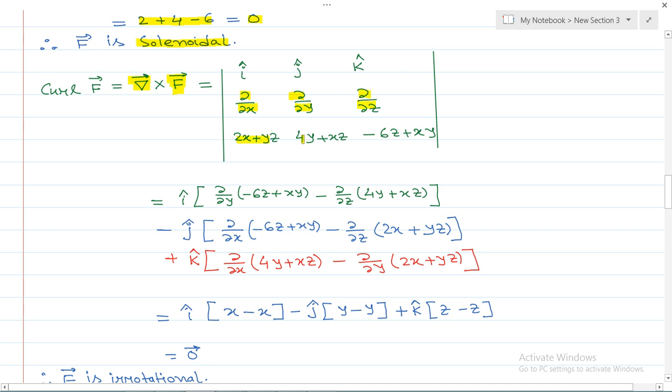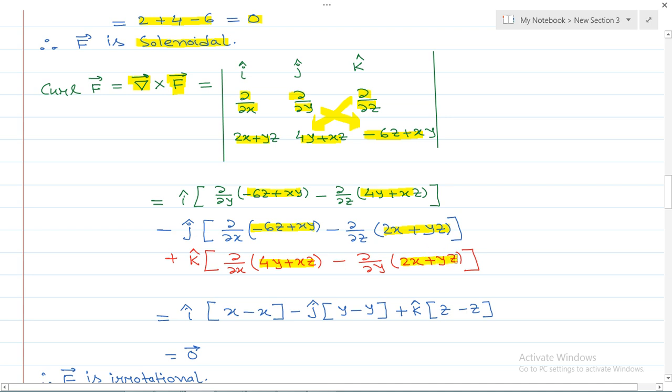Just like the previous discussion, del y will operate over minus 6z plus xy, minus del z will operate over 4y plus xz. Similarly, minus j cap, del x is operating over minus 6z plus xy, del z is operating over 2x plus yz, and with respect to k cap, del x will operate over 4y plus xz, and del y will operate over 2x plus yz.